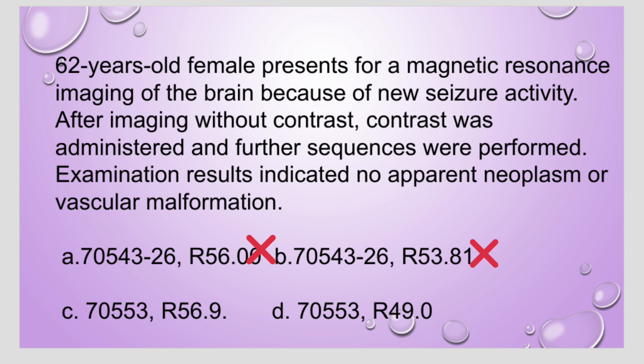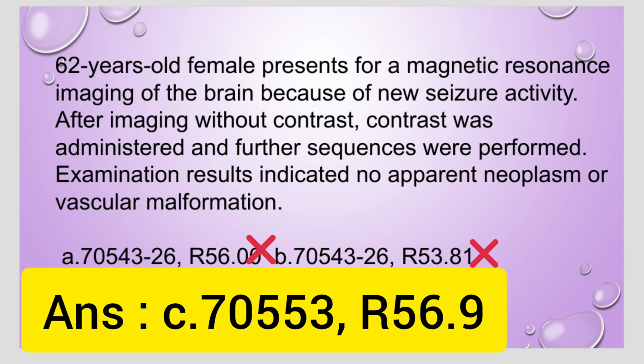So we have to check the diagnosis codes in our ICD-10 book. So let's check the code R49.0. It is for dysphonia. It is not given in our chart. So option C is remaining. So that is the correct answer.